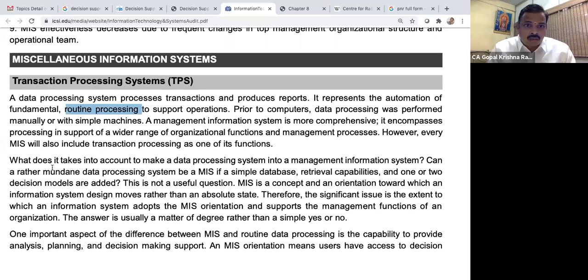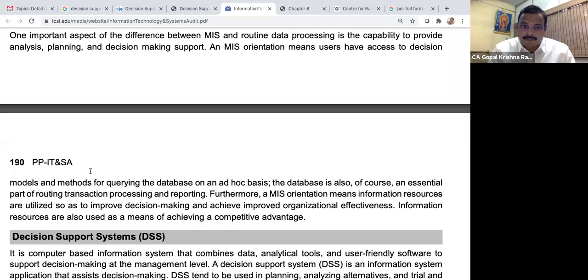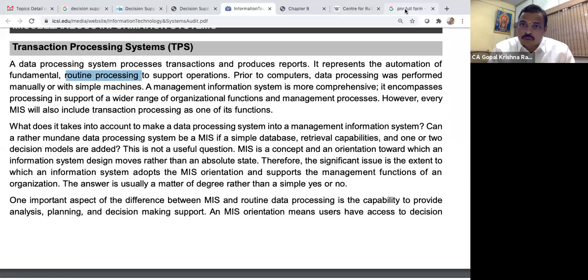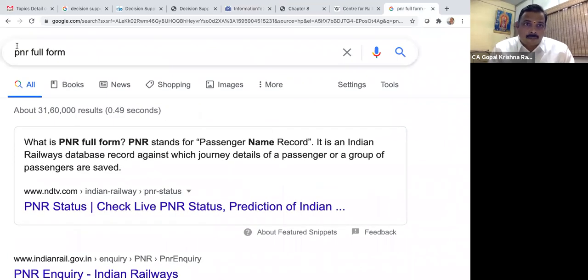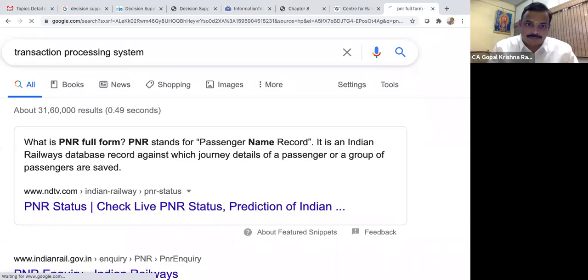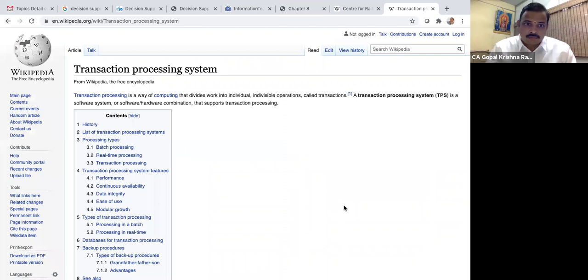I'll give another, these are all comparisons they make. I think much more information is not here. Maybe I will show you from here. That will be nice. Please look here. So a transaction processing system is a way of computing that divides work into indivisible operations called transactions.